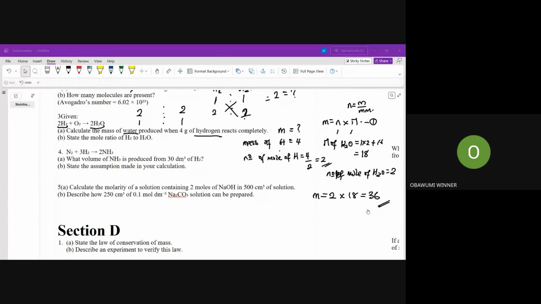I learned how to calculate the mole of a substance. Okay, so how do you calculate the mole of a substance? What's the formula you use to calculate the number of moles of a substance?